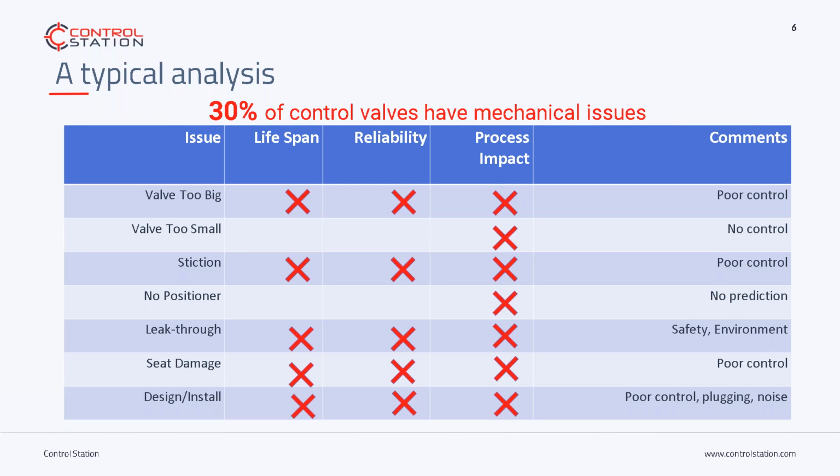To my comment about stiction, if you are concerned about 1% poor performance, a positioner is going to be a real benefit, because it ensures that what the control system asks the valve to go to, it's mechanically and physically going to go to, regardless of weaknesses in the process or weaknesses in the signals.